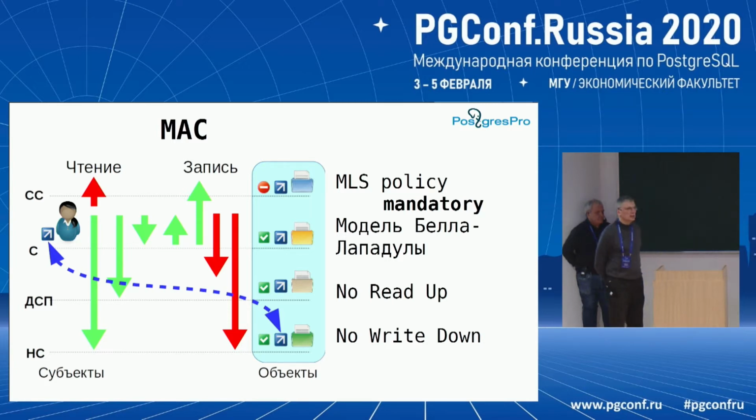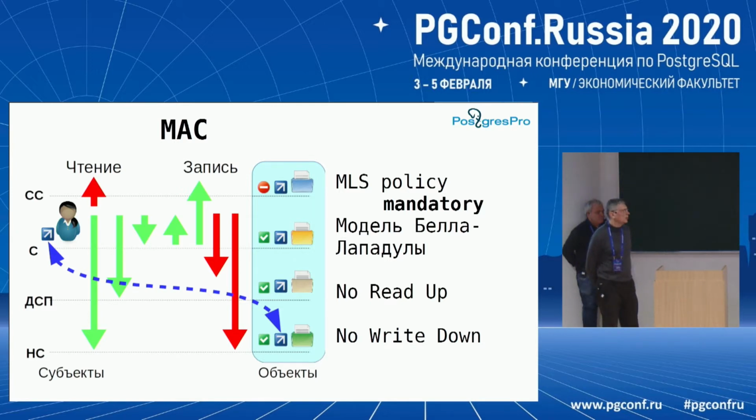The policies implementing mandatory access control are numerous. These can be role policies and many other things, but in terms of Russian specificity, regulatory documents require to have a multi-level system that is composed of hierarchic levels and non-hierarchic categories.